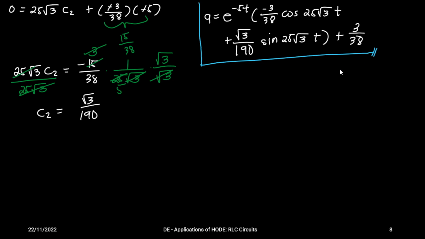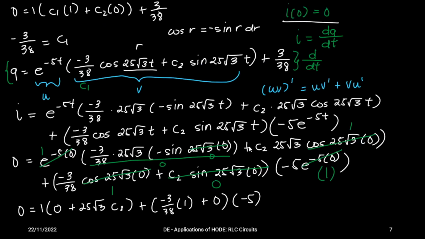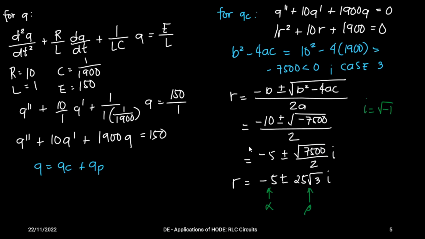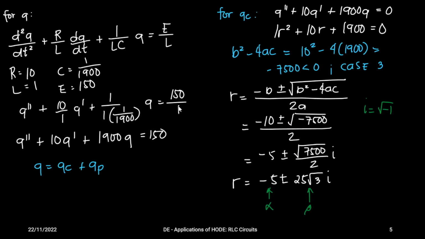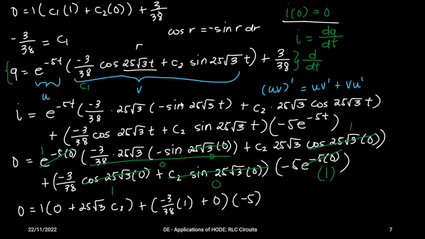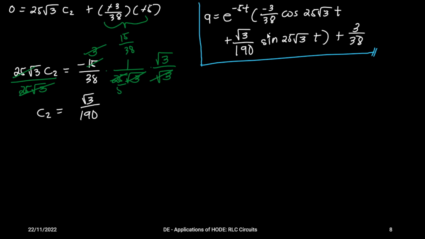Okay, so paano naman si value of charge at any given time? Paano naman si current? So kasi remember sa problem natin, find the charge and the current. Okay na tayo sa charge. Paano naman si current? So, sabi ko nga, you can just get the derivative of this one.